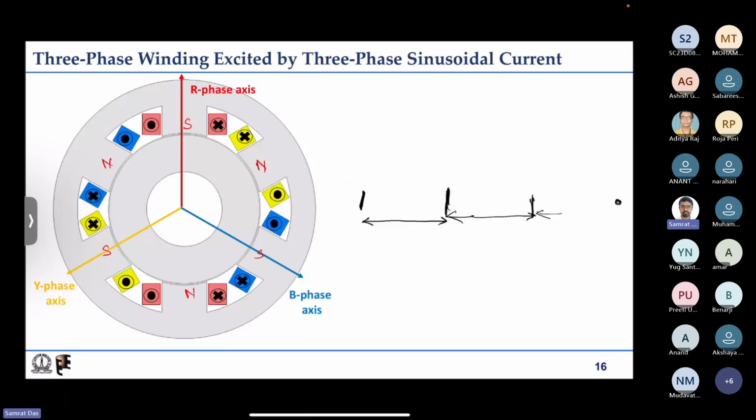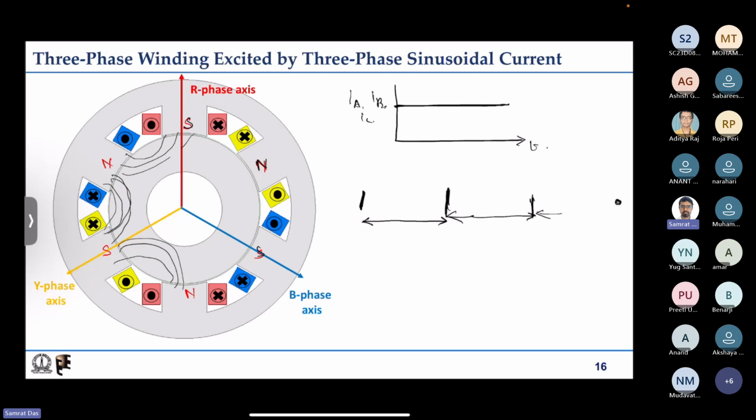So if you have constant current, IA, IB, IC, or IR, IY, IB, whatever, if all the currents are constant, then it will be south pole, north pole, south pole, north pole, like this, and you will have flux lines like this, right? This is the structure that you will have.